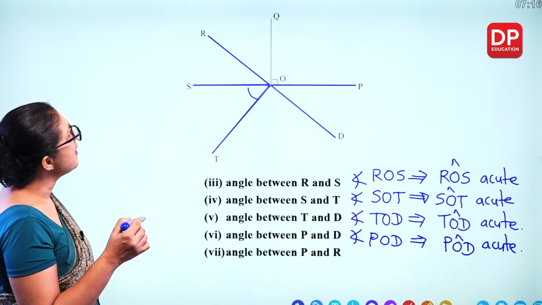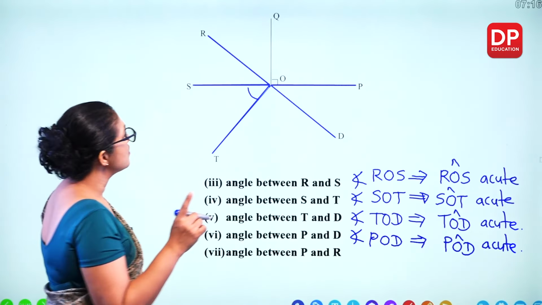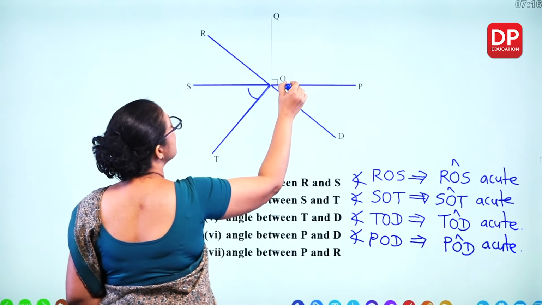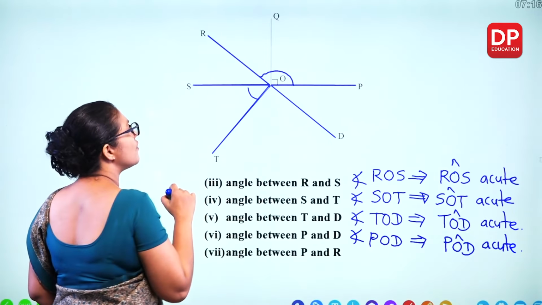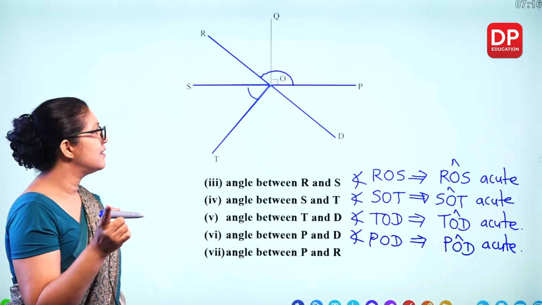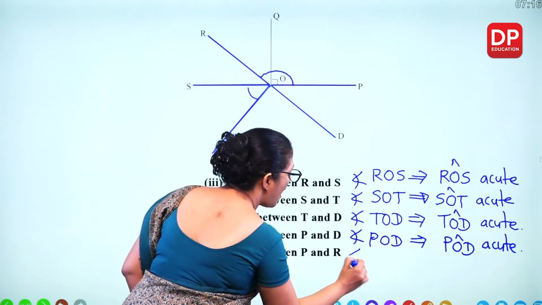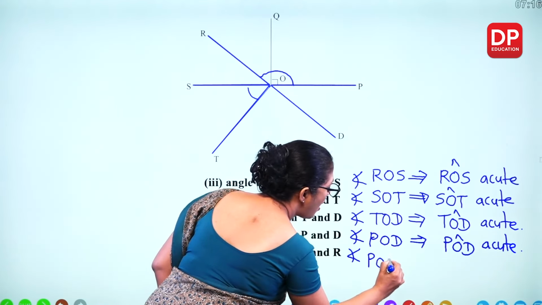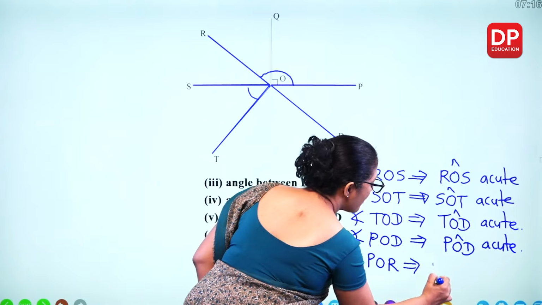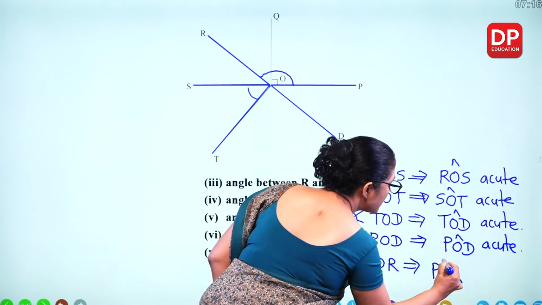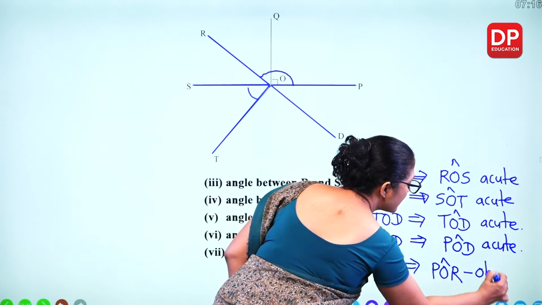Angle between P and R, this one is, look, a big one. What do you call that? More than a right angle, obtuse angle, POR. Angle POR, or I can write POR with a hat. That's an obtuse angle.